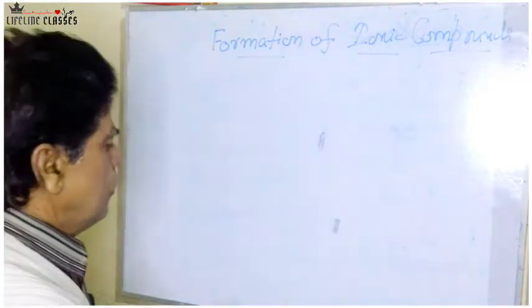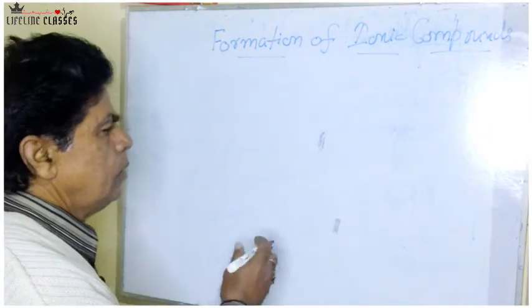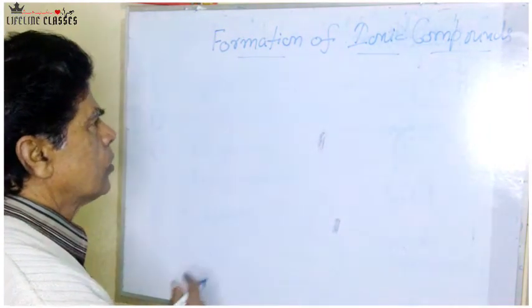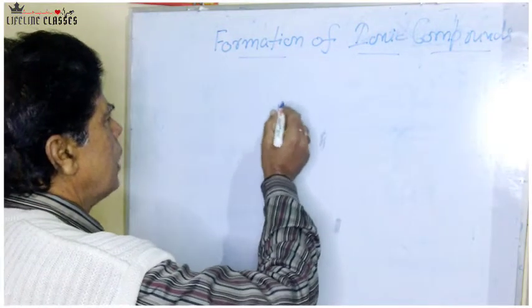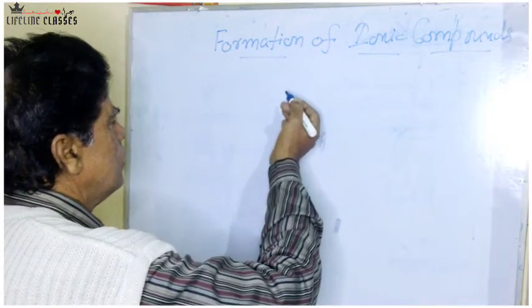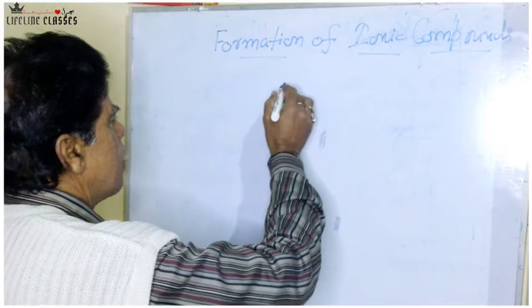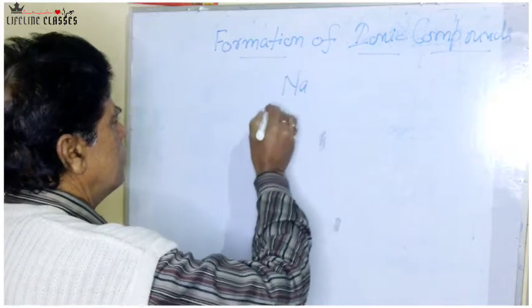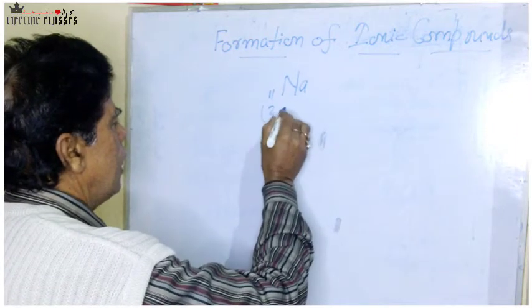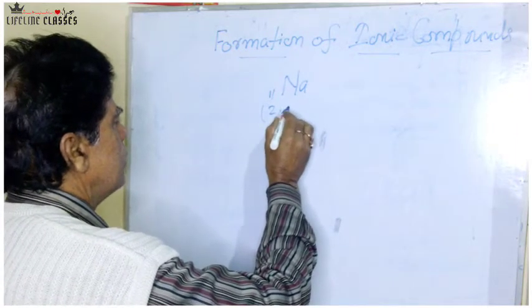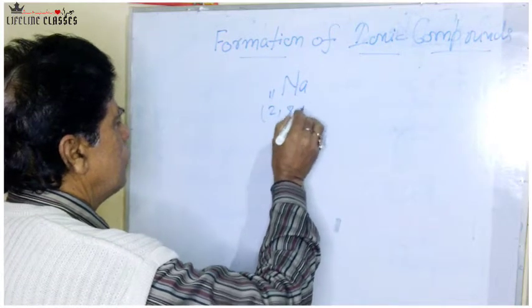Here, suppose we want to study about the formation of ionic compounds between sodium and chlorine. How will this happen? See here, the atomic number of sodium is 11. Its electronic configuration can be written as 2, 8, 1.